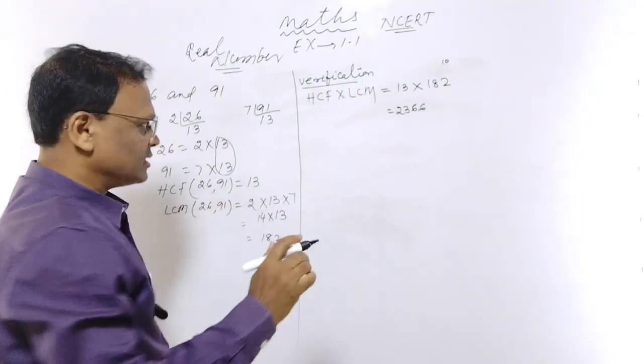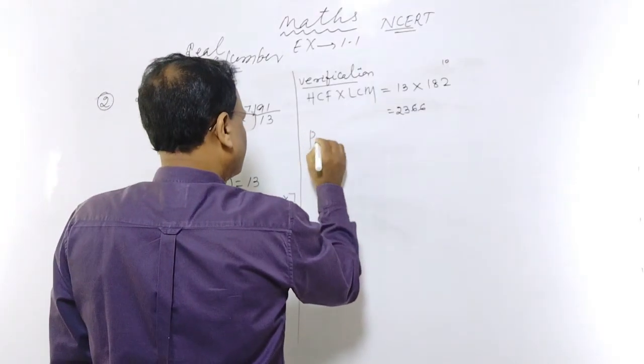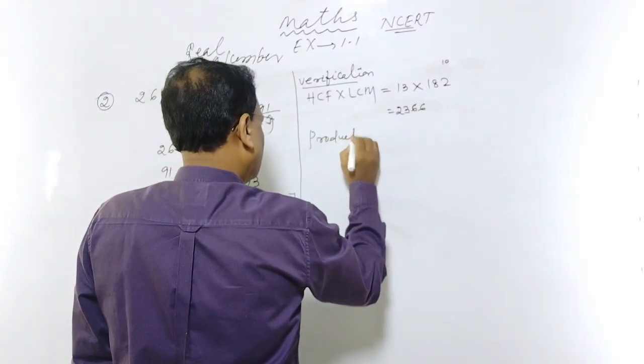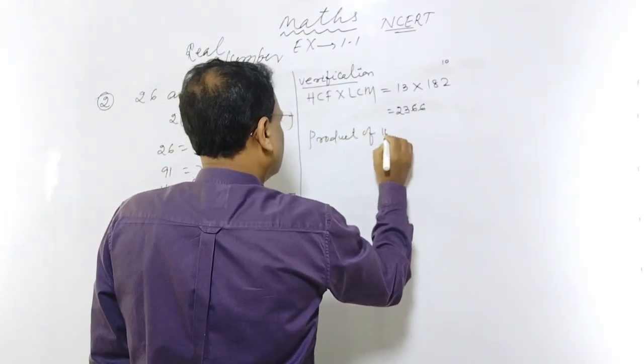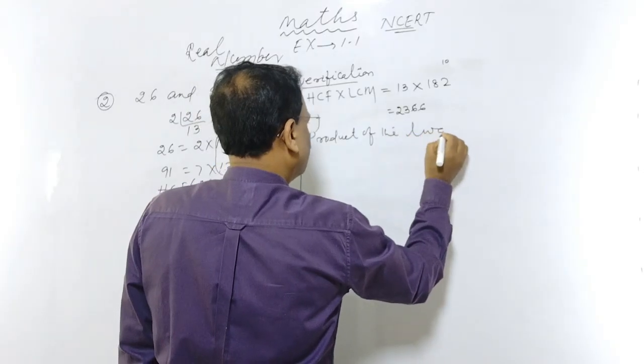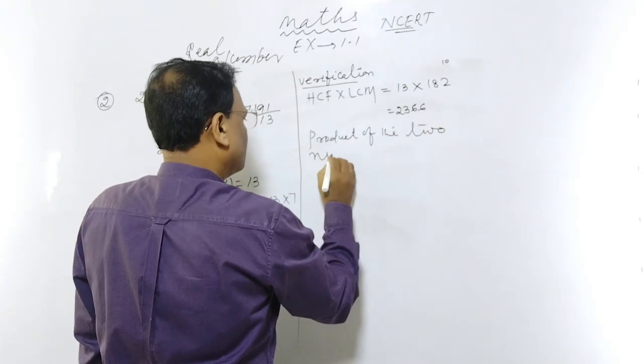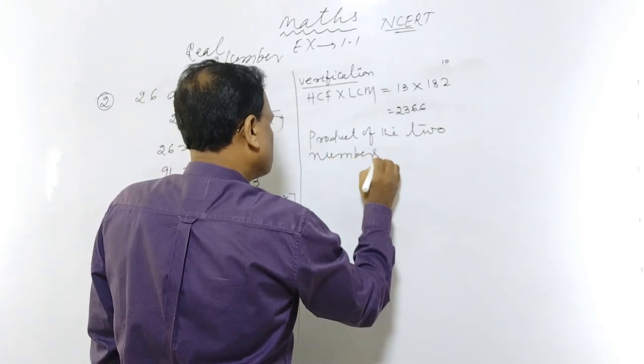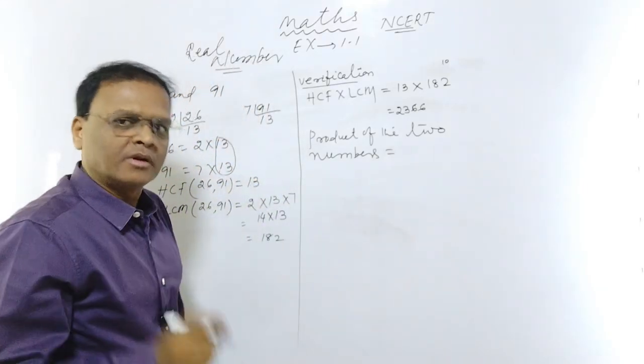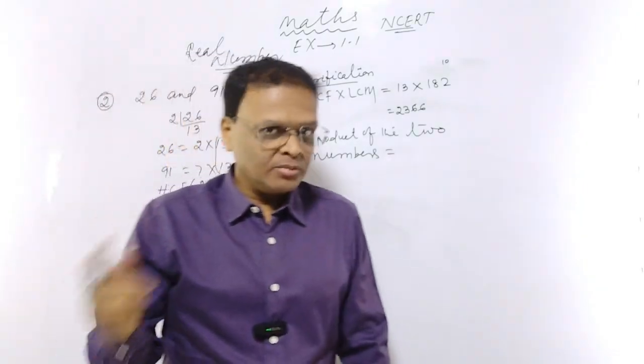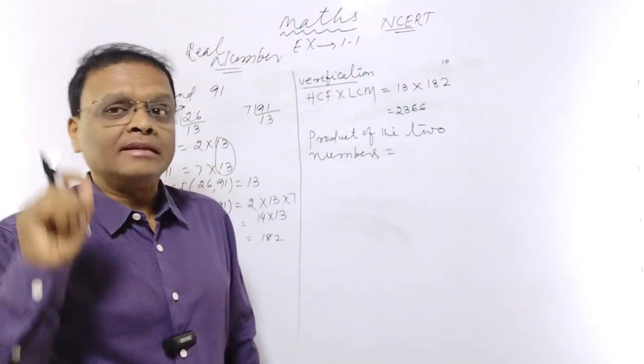Product of the two numbers. Product means multiplication. We have to multiply the given numbers.